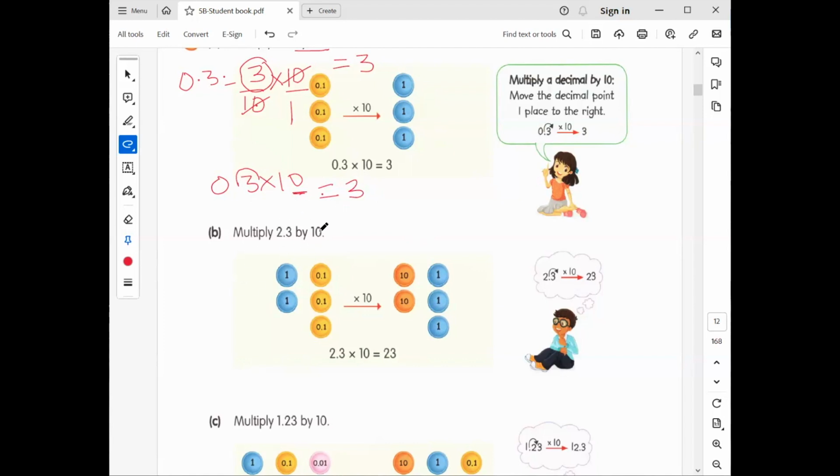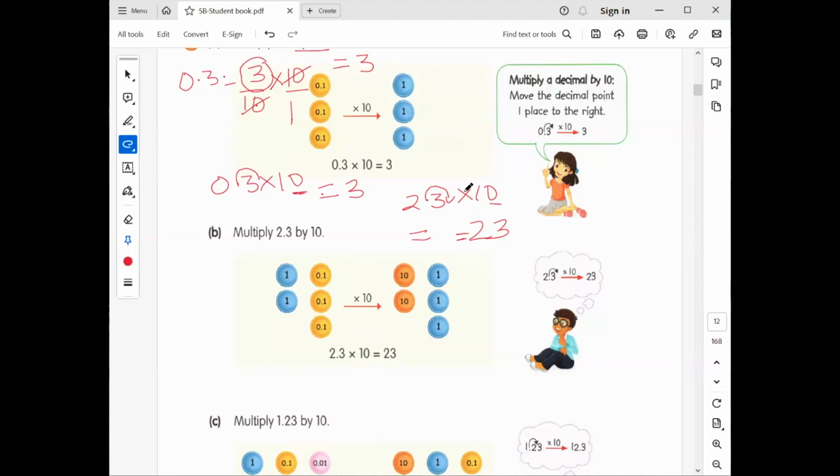Now let's do this one. If we do 2.3 times 10, how many zeros are there in 10? Show me with your finger. 1, right? So we can move the decimal one place here and you get 23.